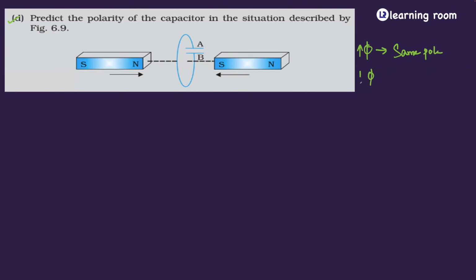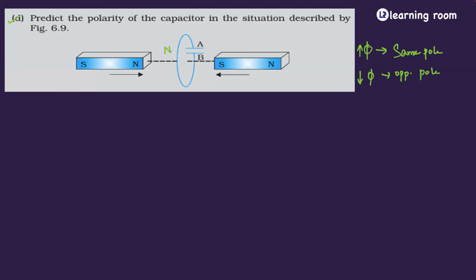If the flux is going to decrease, then it is going to be opposite pole. So the meaning of this is, when the north pole is moving closer to this coil, then there will be a north pole generated here, accepted? Because when a pole is moving towards a coil, the flux is increasing. When flux increases, the same pole should get generated.